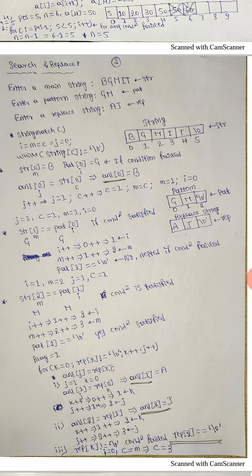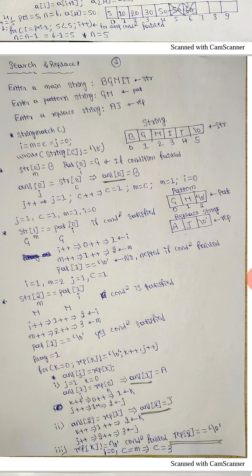Now I am incrementing the index value of main string as well as the index value of pattern, and when I extract both characters, again both characters match, and then I am incrementing both i as well as c.